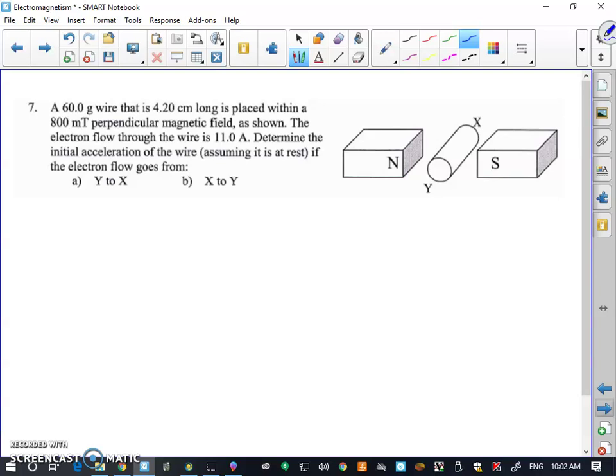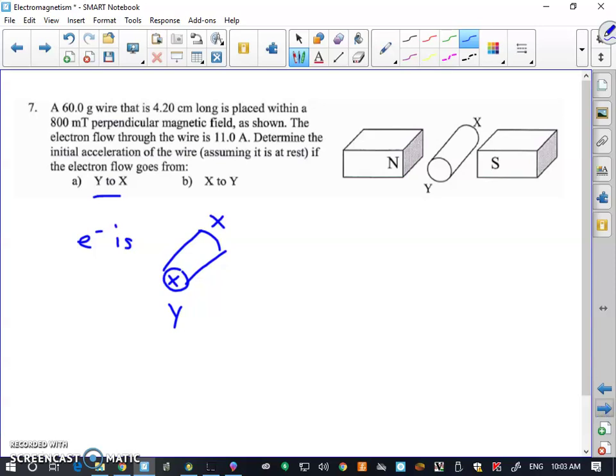All right, so if it goes from y to x, that means essentially the electron flow is into the page. Here's y, here's x right there. It would end up going into the page there. So let's take a look at how we'd apply our hand rule there.